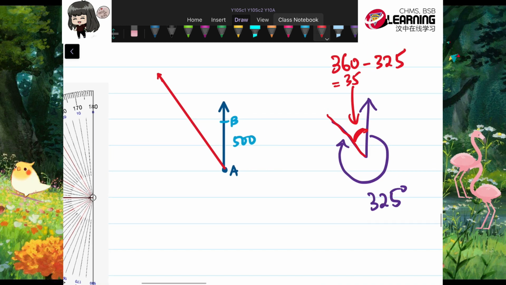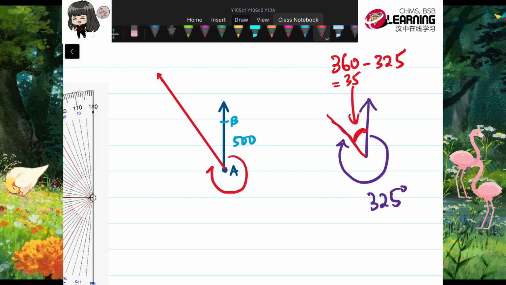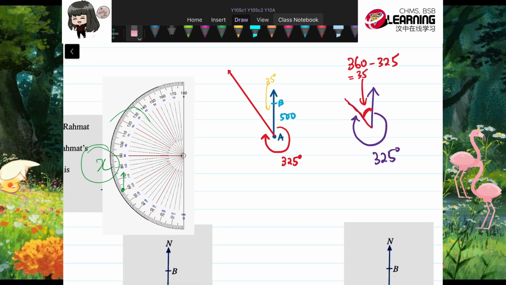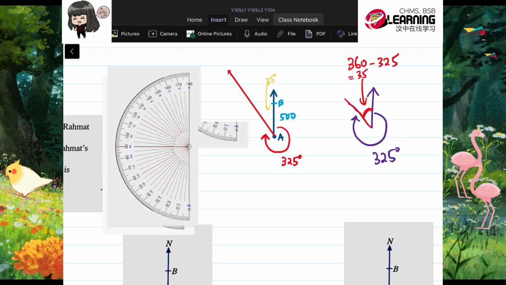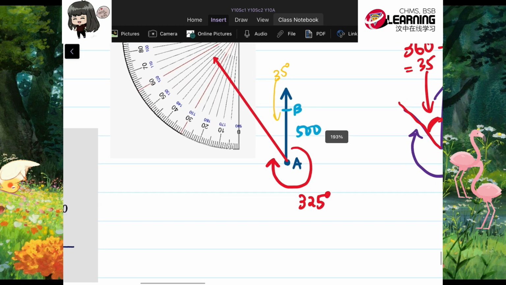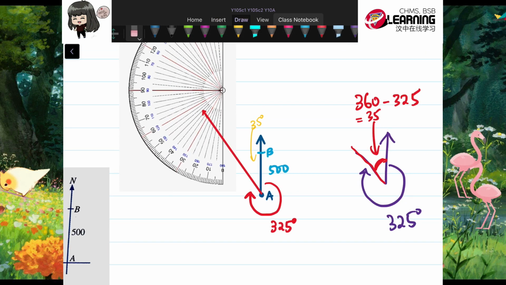Your 325 is all the way like that, because this angle over here is already 35. This angle you measure is 35 degrees. So use the protractor to find your answer. So this is the answer. You draw it out into your notebook.